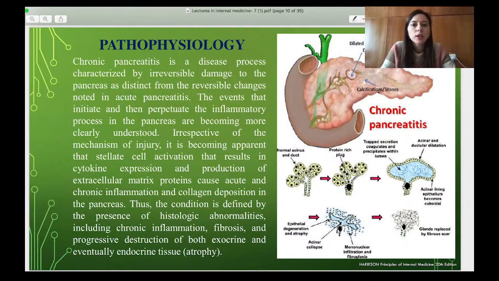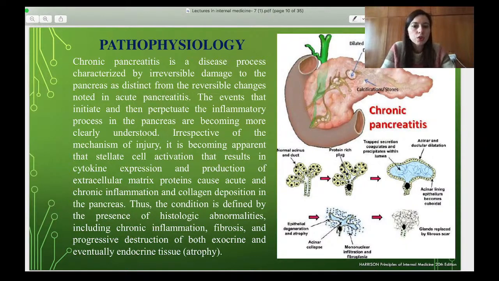The events that initiate and then perpetuate the inflammatory process in the pancreas are becoming more clearly understood. Irrespective of the mechanism of injury, it is becoming apparent that stellate cell activation that results in cytokine expression and production of extracellular matrix proteins causes acute and chronic inflammation and collagen deposition in the pancreas.